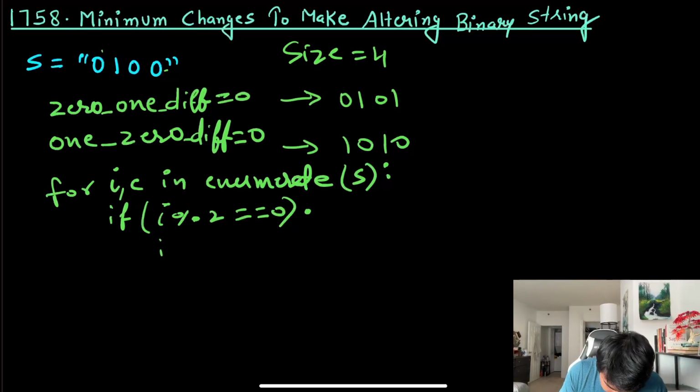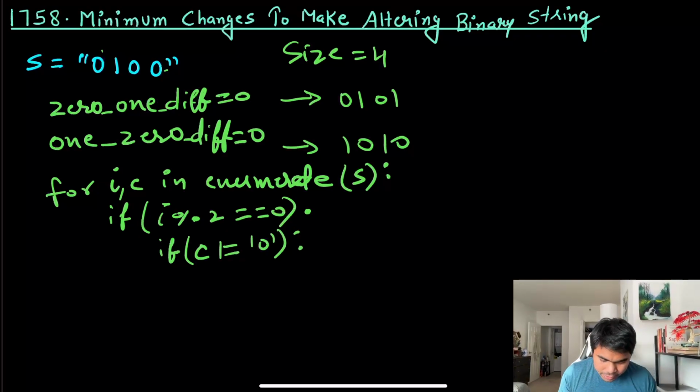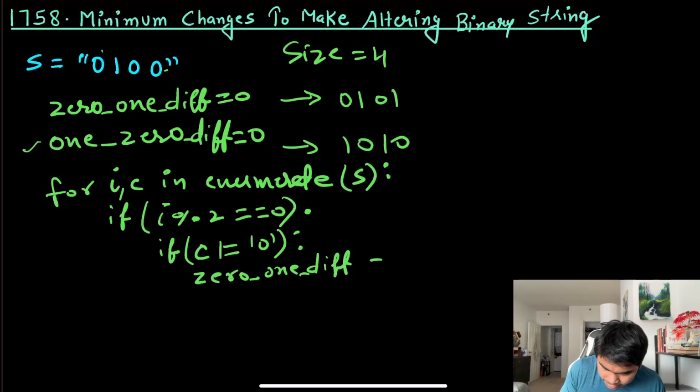So if this c is not equal to 0, that means it's equal to 1. So it qualifies for 1, but for 0 1 diff, I will increment it by 1.